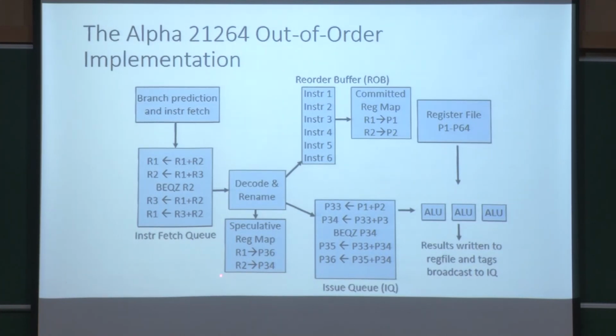The latest value of R2 is sitting in P34. All the instructions that follow this sequence, if they need the latest value of any particular register, can look at this register map, figure out which register they have to read, and then just go and read that register, right?